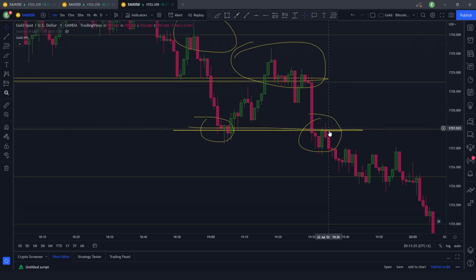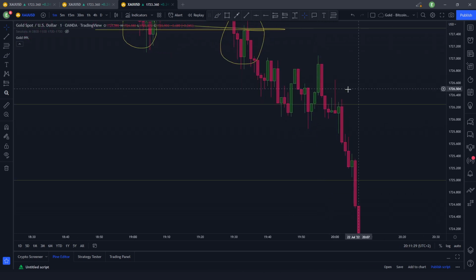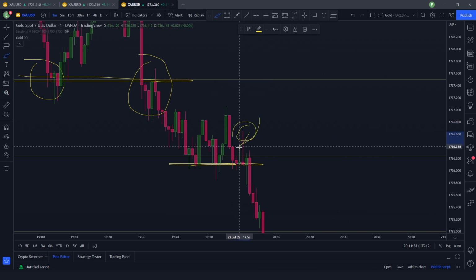As you can see here, very, very straightforward continuation down. Look, oh, we have a support. What is this candle telling me? Rejection. Exactly these lows. Failed to make, look at this, how many strong bearish candles we have. We failed to make a new high multiple times.